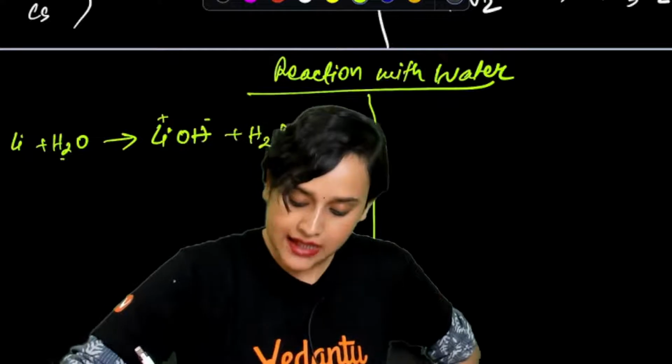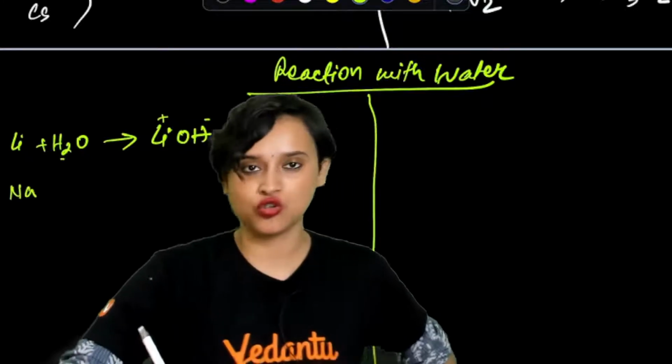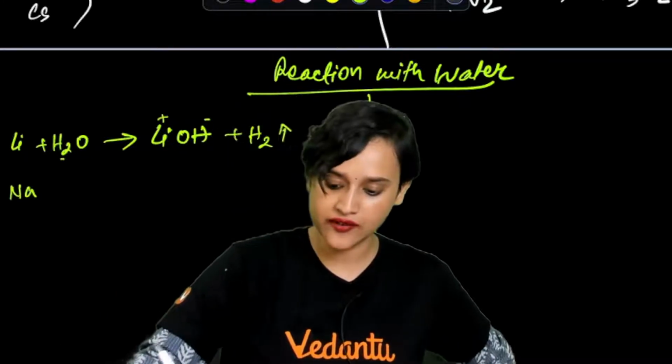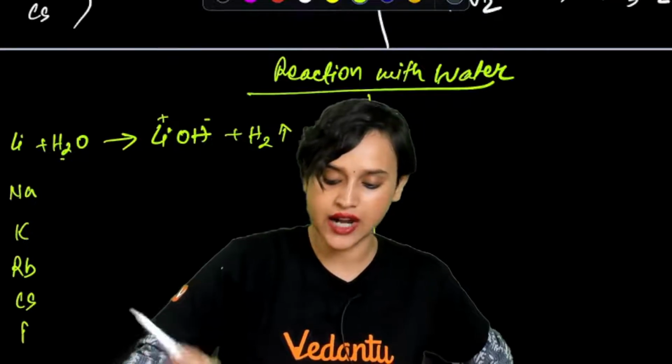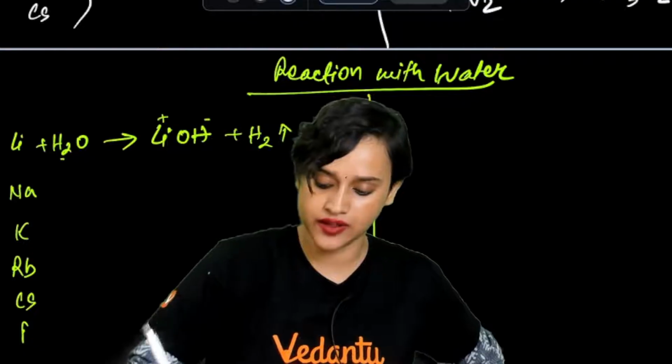You can clearly see that this will be plus, this will be minus. Similarly, we have sodium, potassium, rubidium, cesium and francium, though we don't have to study francium because it is radioactive.